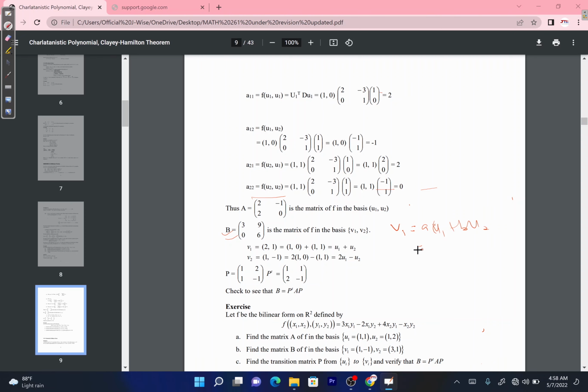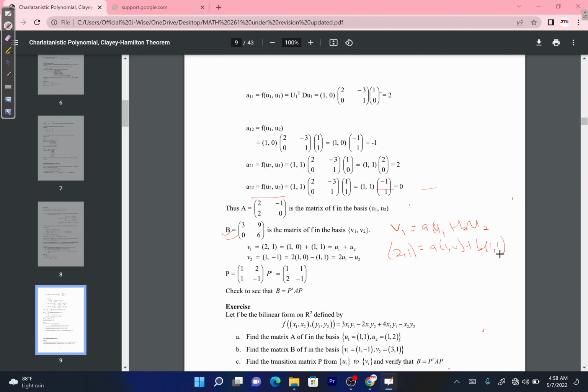Okay, and this is given by, we know our v1 to be (2, 1). So a times our u1, which is (1, 0), plus b times our u2, which is (1, 1).